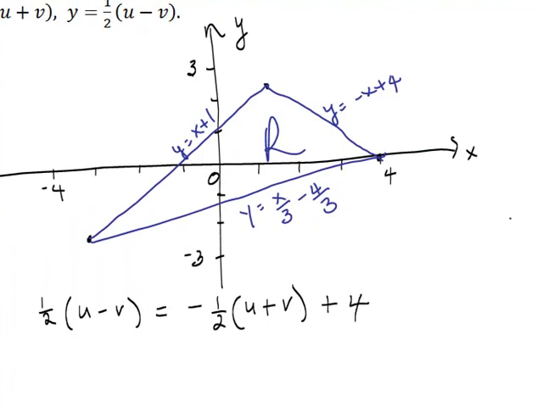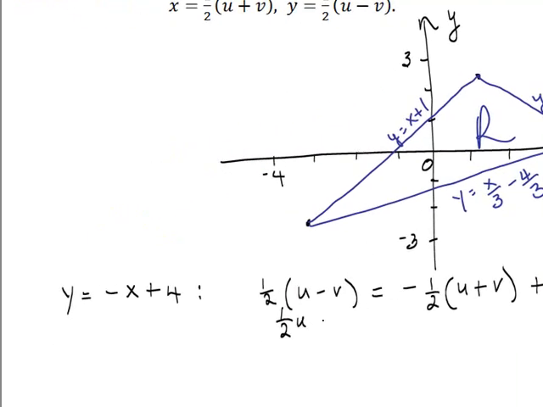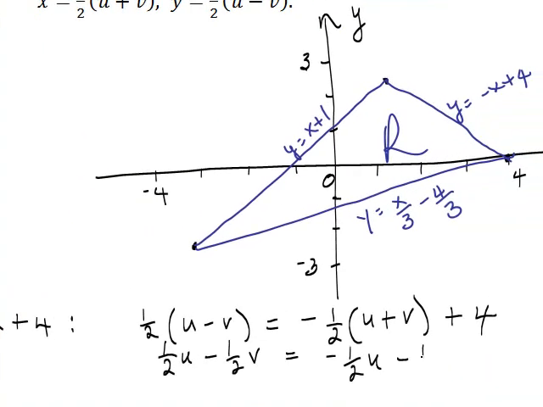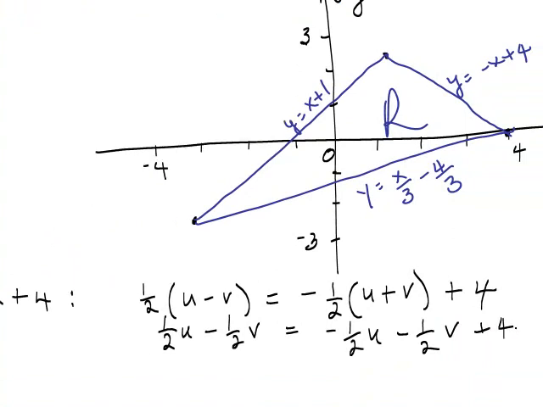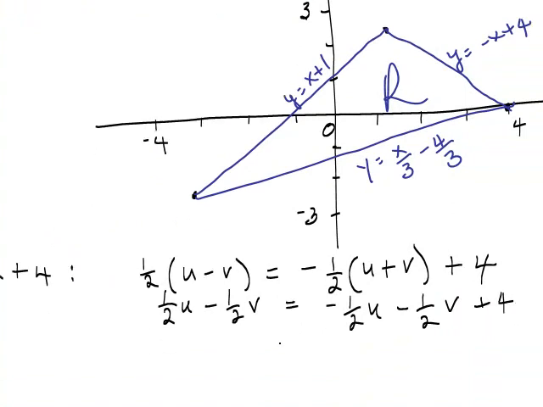Okay, let's work that out and see what we get. A half u minus a half v equals minus a half u minus a half v plus 4. And when you work that out, you'll get u equals 4. So the first line is transformed to u equals 4.